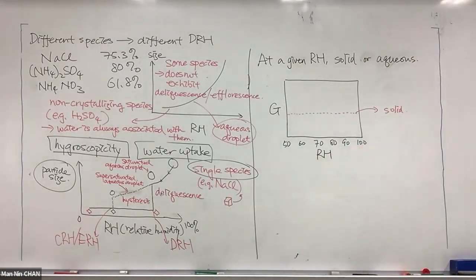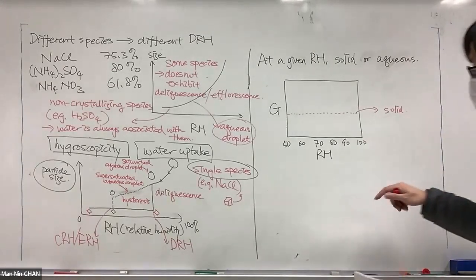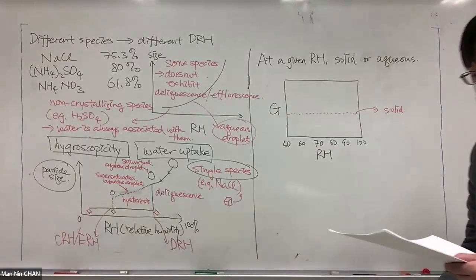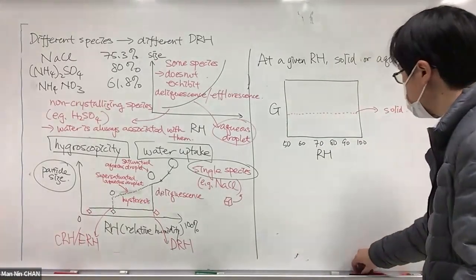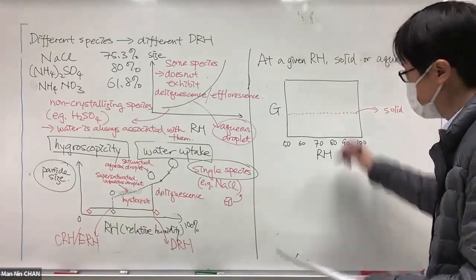But for the aqueous solution droplet, the chemical potential, or your Gibbs free energy of the system, will depend on your aqueous phase or your solution composition. So you can imagine that the Gibbs free energy for your aqueous solution changes with the relative humidity, using this line.